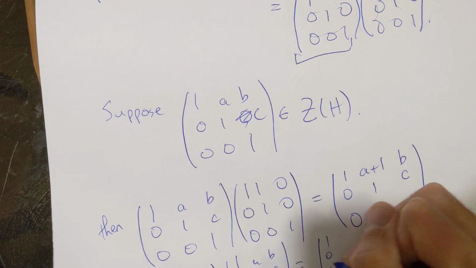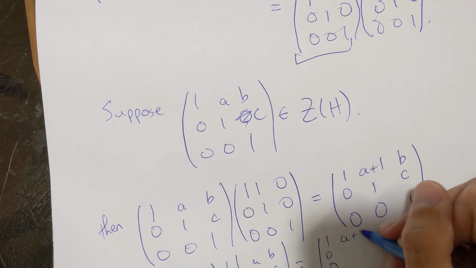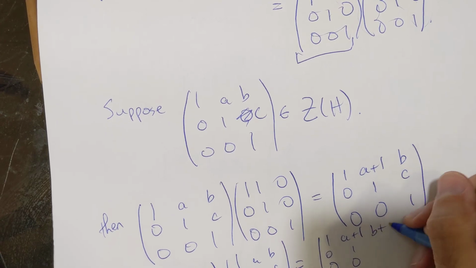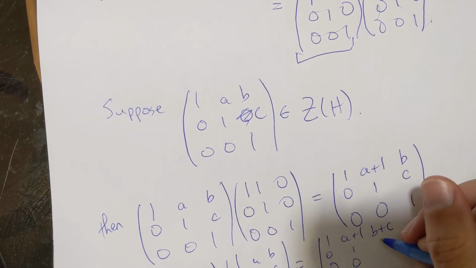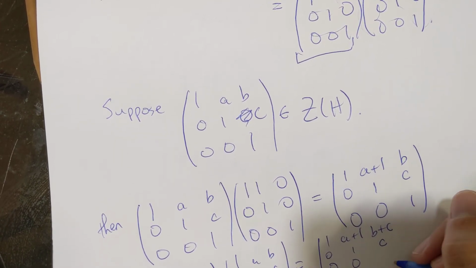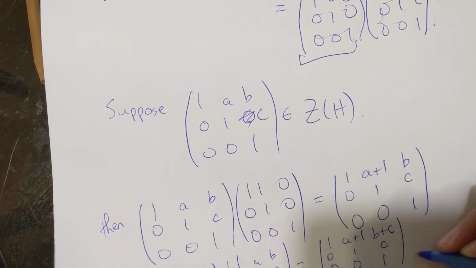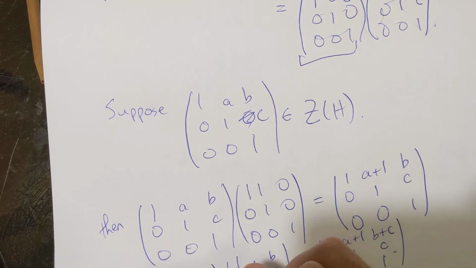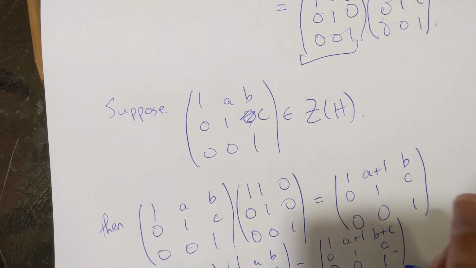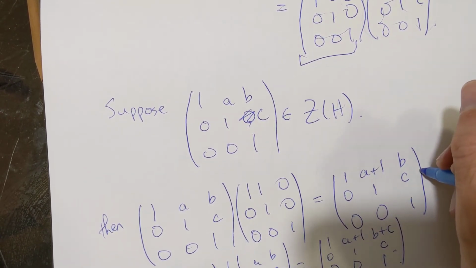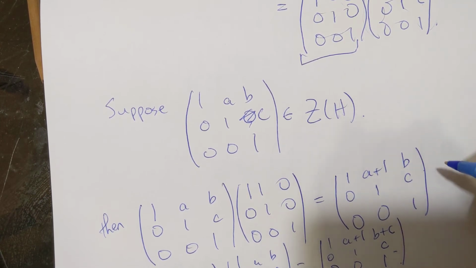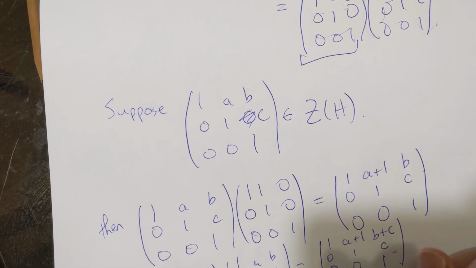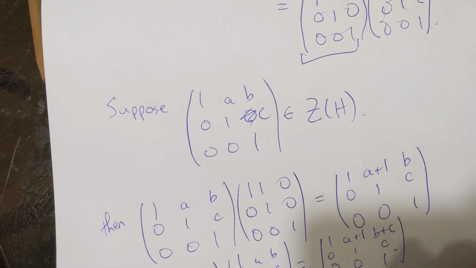Well, I get 1, 0, 0, of course, and then A plus 1 here, then 1, 0, and then B plus C, and then C, and then 1. In other words, for this matrix to be in the center of H, this matrix has to equal this matrix, which means B plus C equals B. So therefore C equals 0.